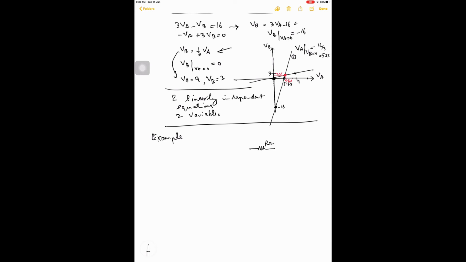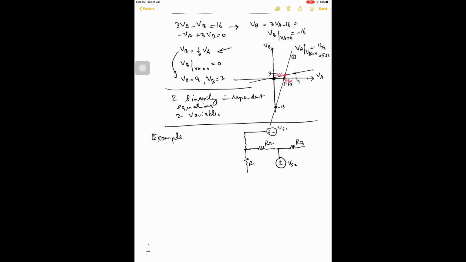Resistance R2, instead of values, letter symbols are used over here. This is a voltage source and this resistance is R3. This resistance is R1. We have one voltage source over here.